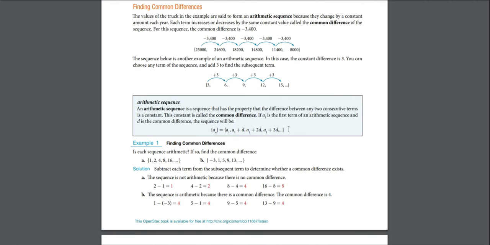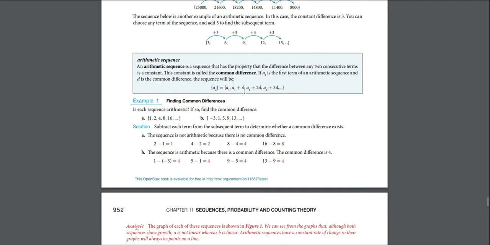So in general form, the set of all terms a_n is the first term, then the first term plus the common difference, then the first term plus 2 times the common difference, and so on. We're going to be using that fact when looking for later terms in the sequence.